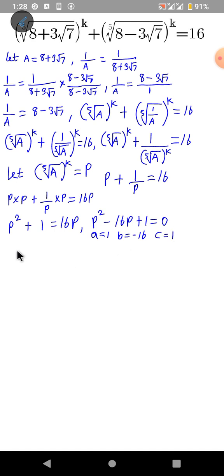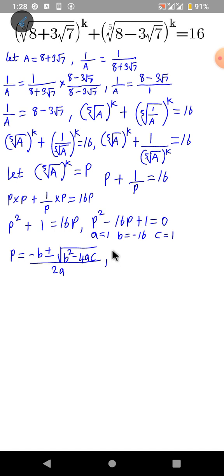So our formula method states that P is equal to minus b plus or minus the square root of b square minus 4ac all over 2a. So that we'll continue again.